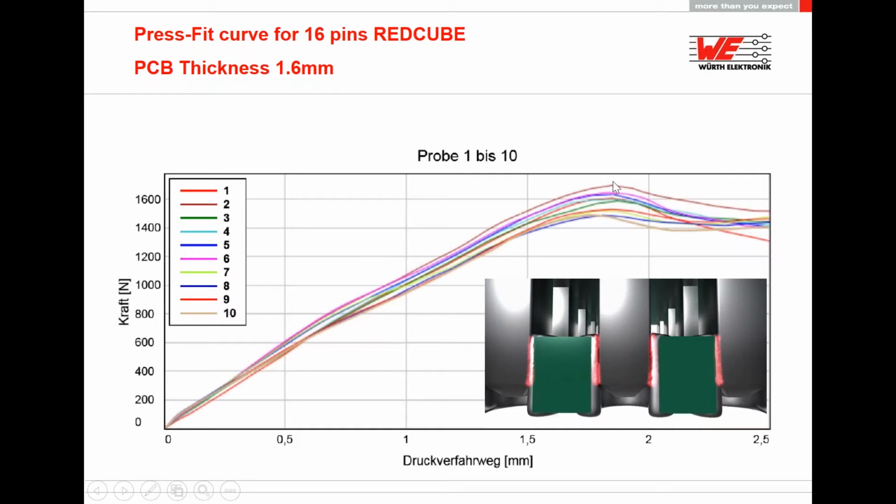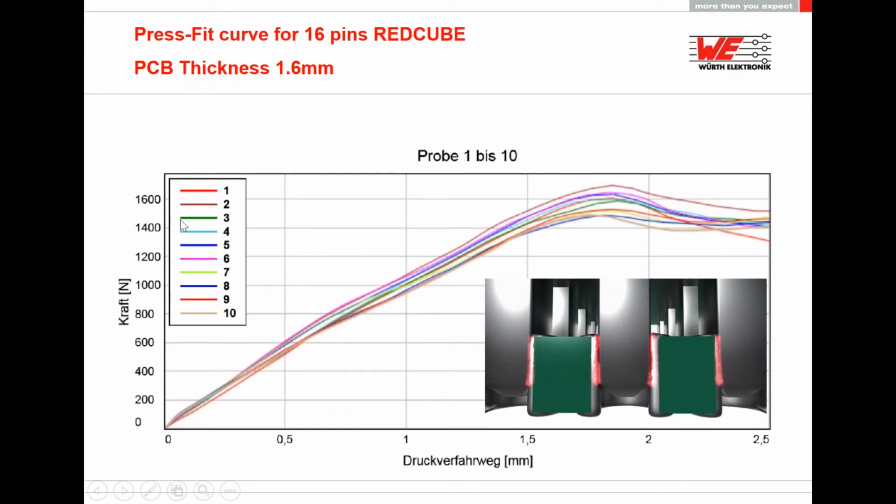When the pins are coming out of the PCB, the force is getting down. This means that the cold weld connection is already generated, and at this point we can stop the press fit process because we already have a proper connection in the PCB.